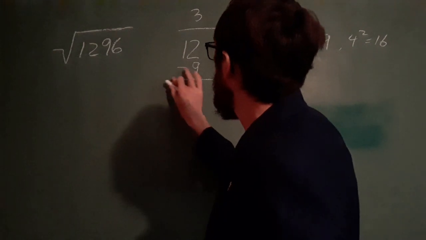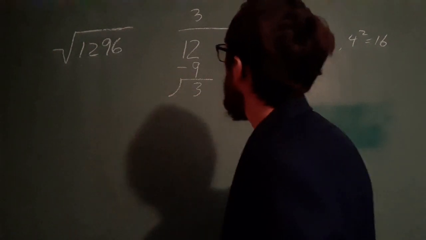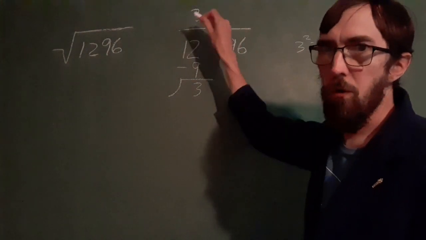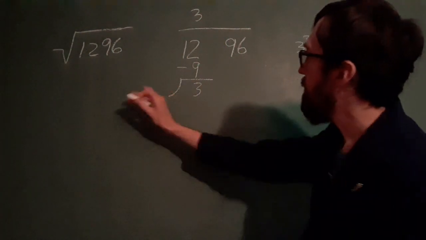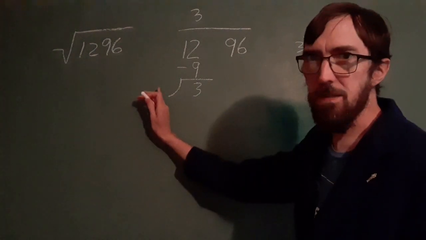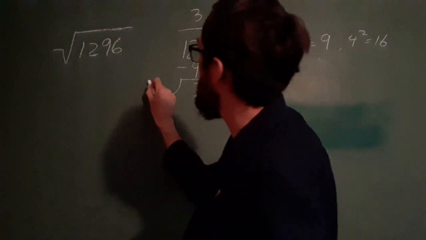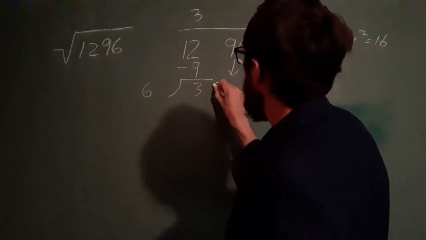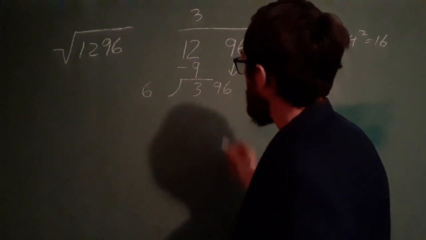And then I'm going to take the number that I put on the bar and multiply it by 2 and write that out here with a space. So 3 times 2 is 6. We bring down the 96 here.